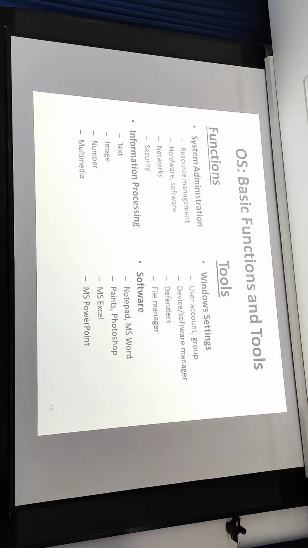Some people already shared with us CPU-Z to inspect the configuration of a computer in more detail. For networking, we connect wirelessly or through a wired network. For security, there are different protection mechanisms to protect us from dangerous sources on the internet. For information processing, we have text, image, number processing, and multimedia video files.